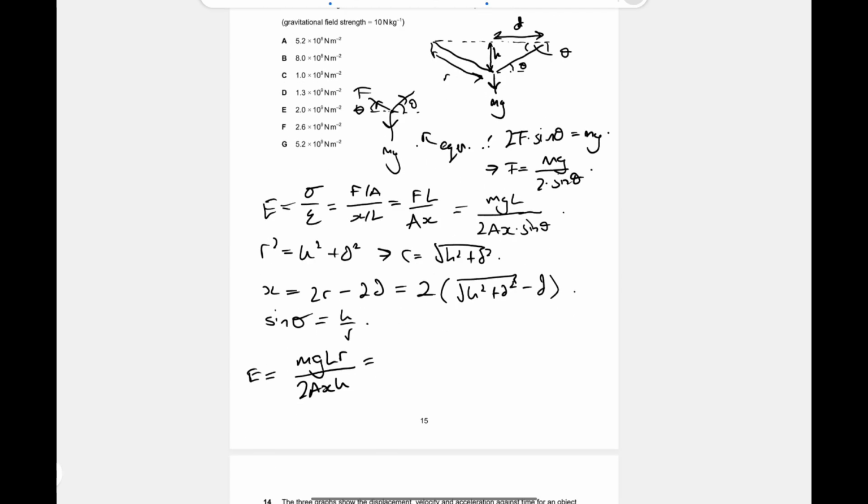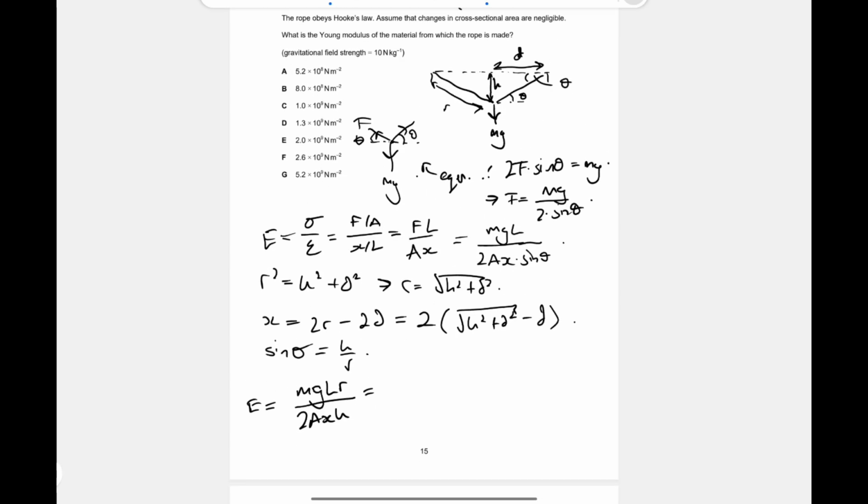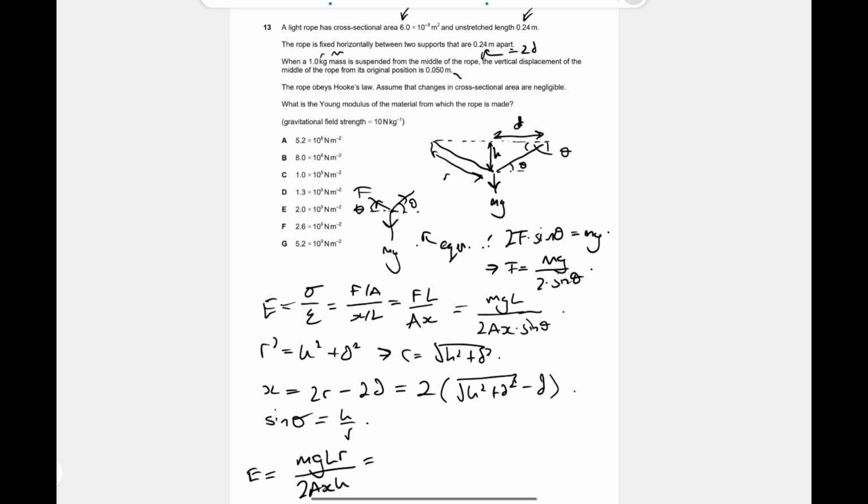Oh, the original length is 2D, yeah, sorry. So that's going to be mgDR, cancel the 2, over AXH.